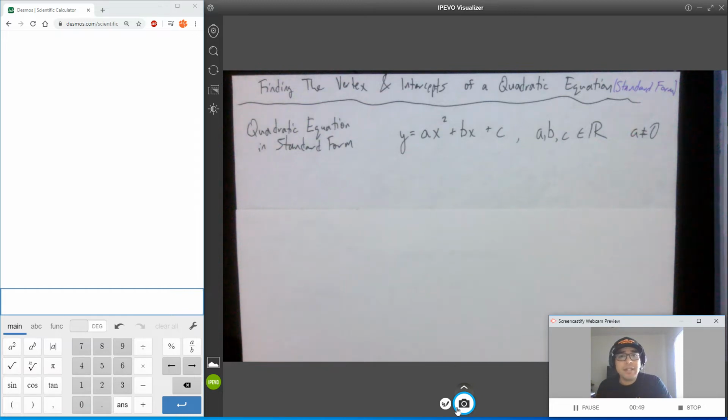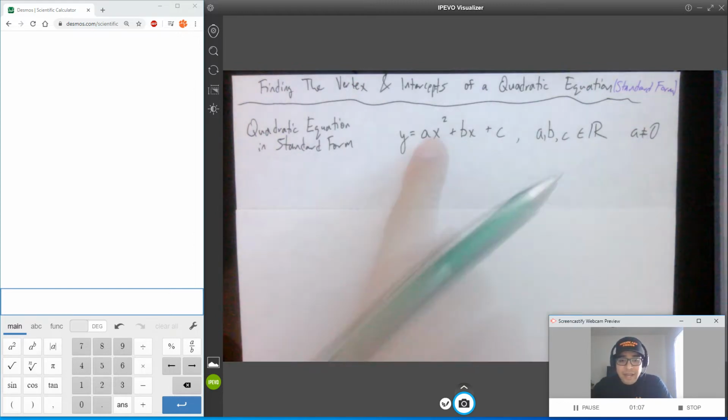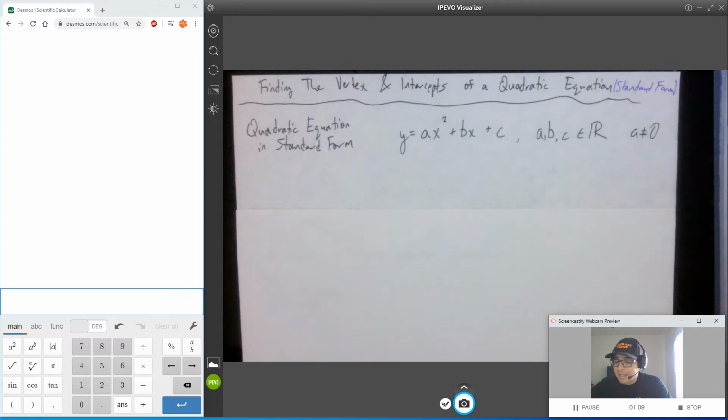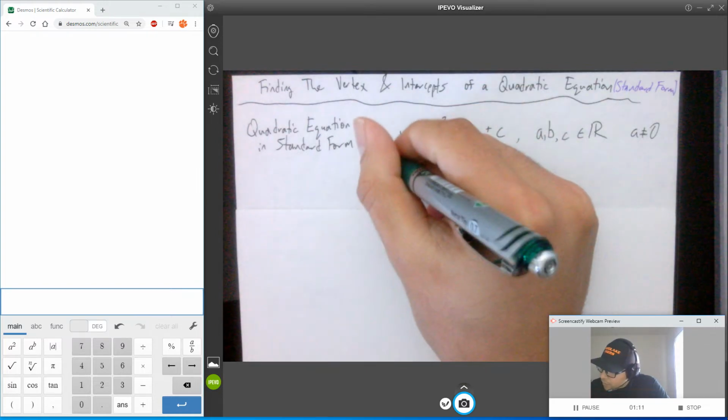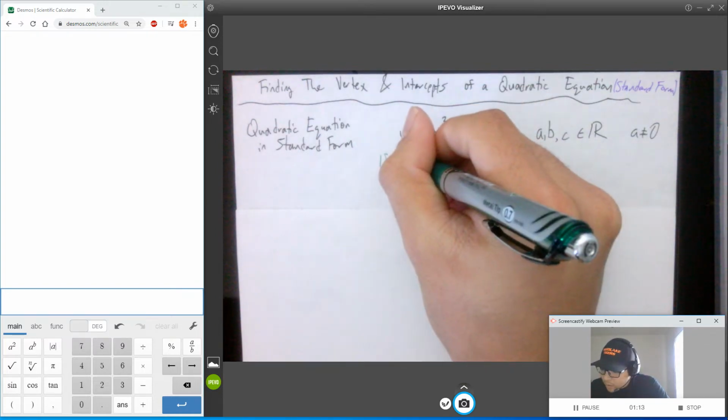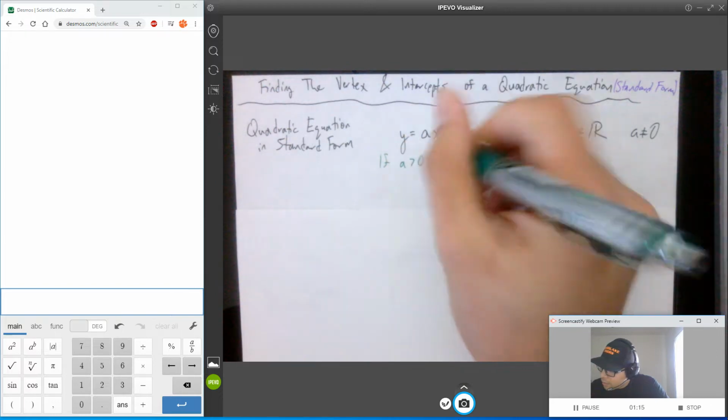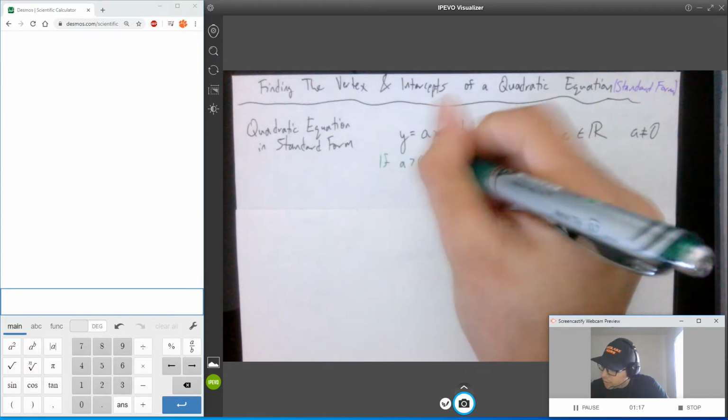And based off of this equation here, I can find some of the properties. For example, I can determine whether the parabola opens up or opens down, just by looking at this value of a right here. If a is greater than 0, then the following is true.